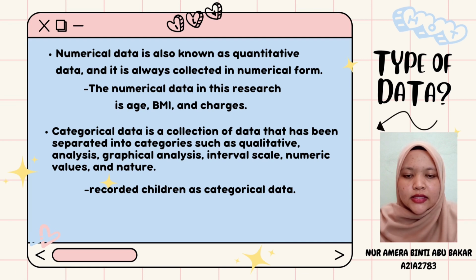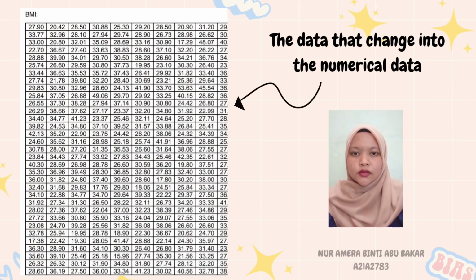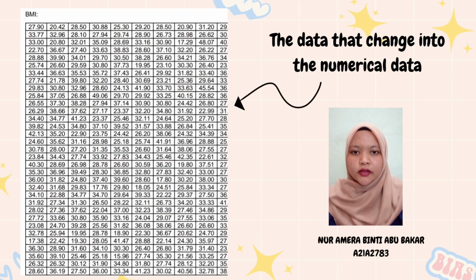Categorical data is a collection of data that has been separated into categories, such as qualitative analysis, graphical analysis, interval scale, numerical values, and nature. Our group recorded children as the categorical data. So, this is one of the data that we changed into numerical data.